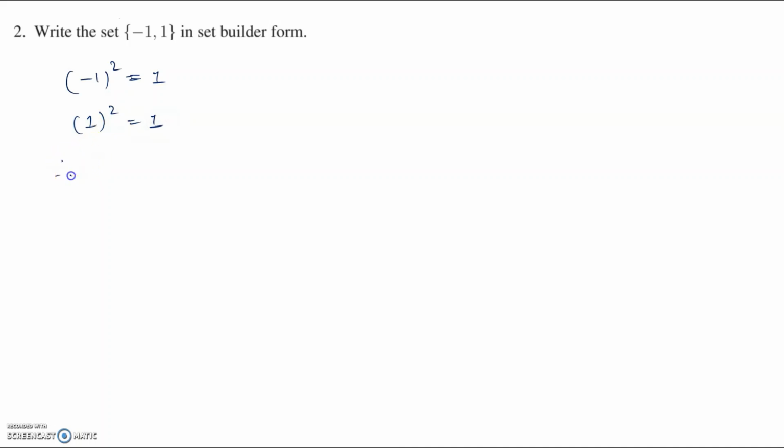Therefore, we can say in the set builder form, it is x such that x squared is equal to 1 and x belongs to the set of all real numbers.